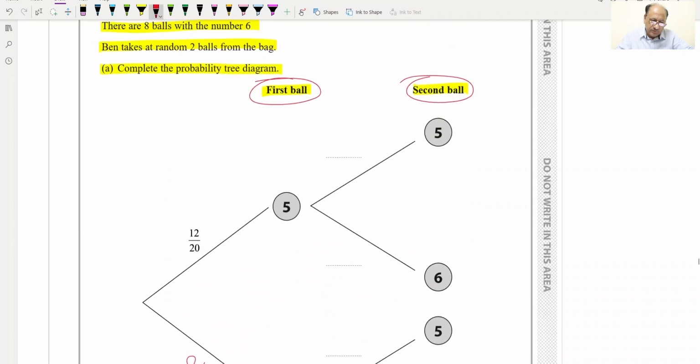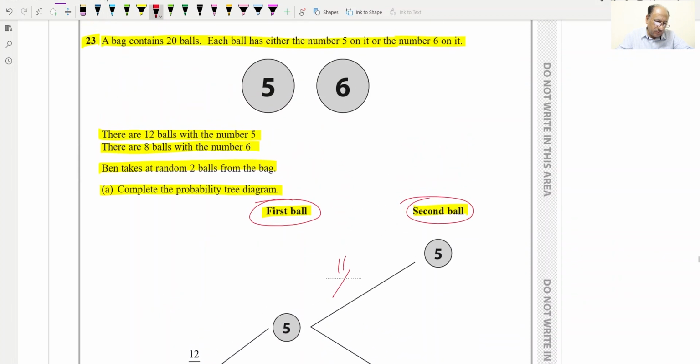Similarly, for the second draw, 1 is already gone, so 12 becomes 11 remaining, and the total is also 1 less because it is without replacement, it is not replacing.